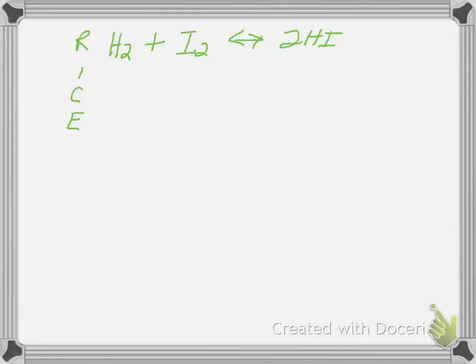Okay. All right, so what they gave us in the problem was, first of all, this time we've got a 5-liter flask. But they're giving us atmospheres, so do we care about the size of the flask? No. You are correct, we do not. So we have 0.01 atmosphere, 0.005 atmosphere, and 0.5.